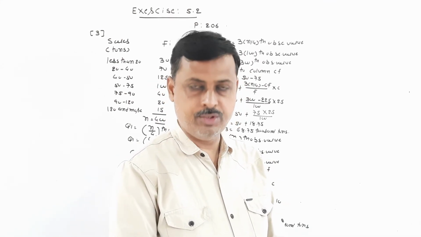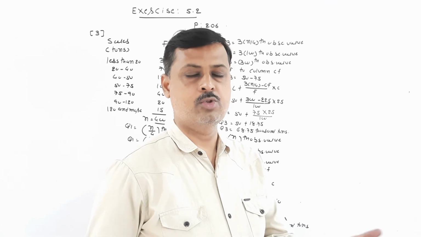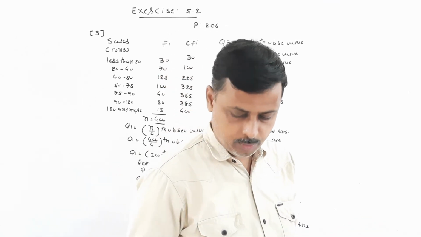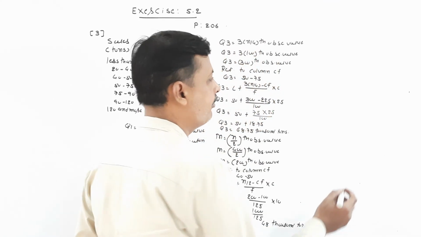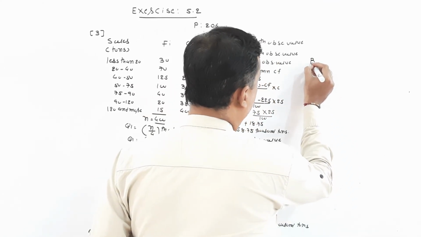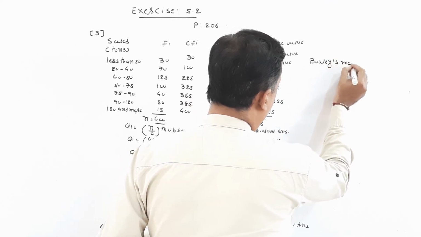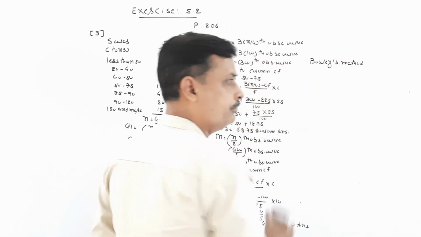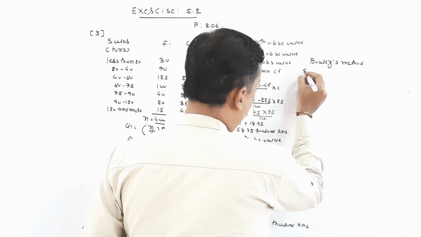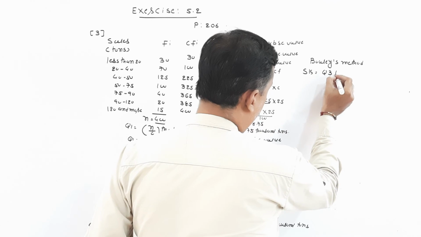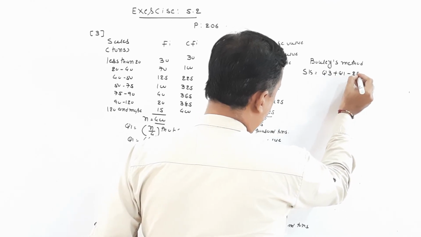Now we have to find skewness and coefficient. So now we apply the formula, Bowley's method. Skewness is equal to Q3 plus Q1 minus 2M.